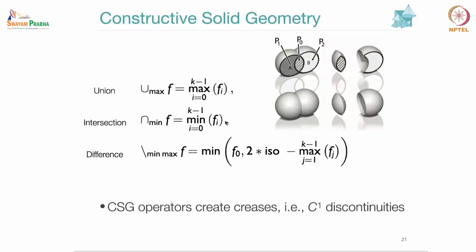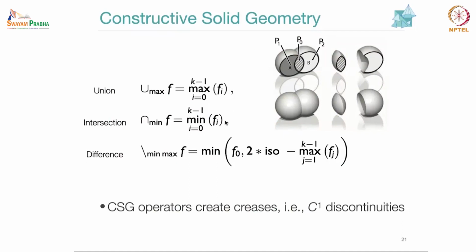So mathematically, how could you define these Boolean operators, union, intersection, and difference? The union is easily defined by taking a max of all the implicits. In a CSG, we have only two because it's a binary operator, but in general, a union can be taken on k implicit functions.